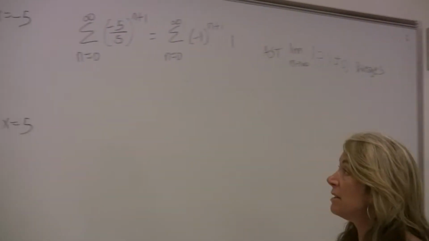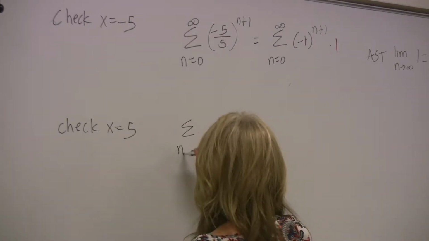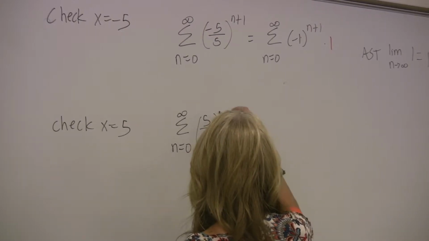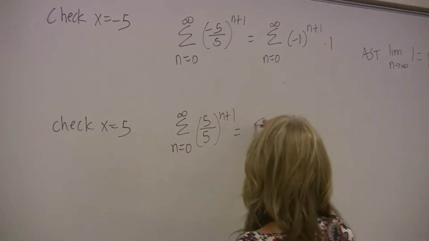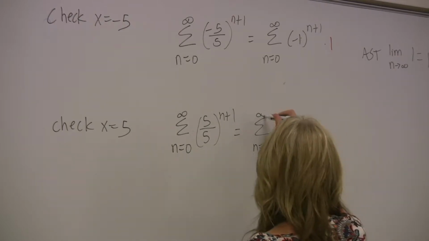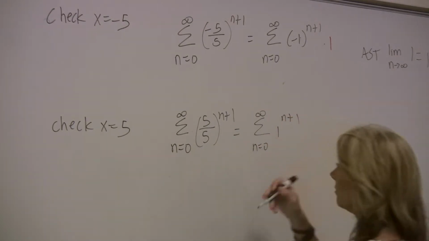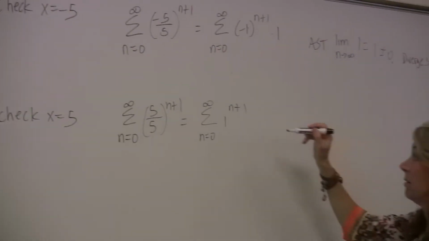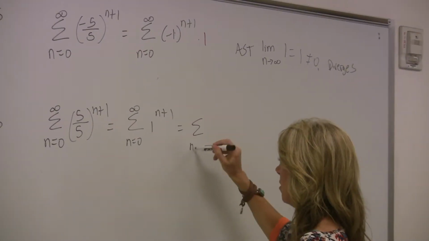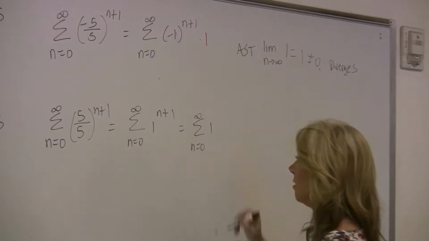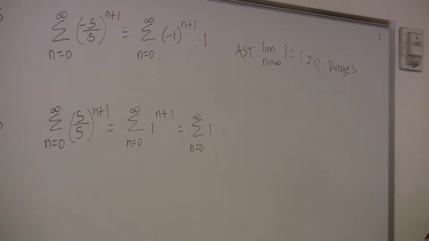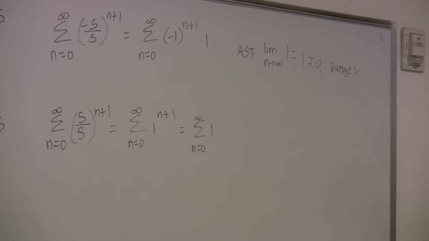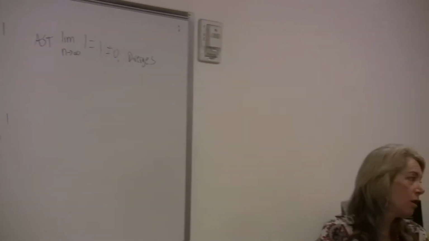And then if we check positive 5, that's the sum of 1 to the n plus 1, reducing those 5s, which is just 1. So this is the series where we're adding 1 forever. Give you $1 every day forever. Even after you're gone, we just keep adding $1.